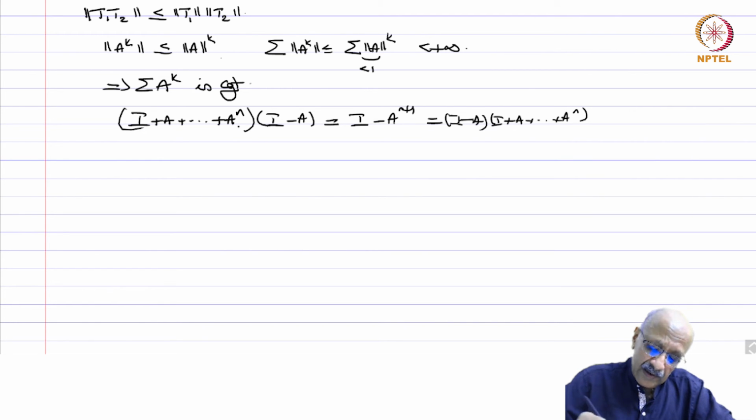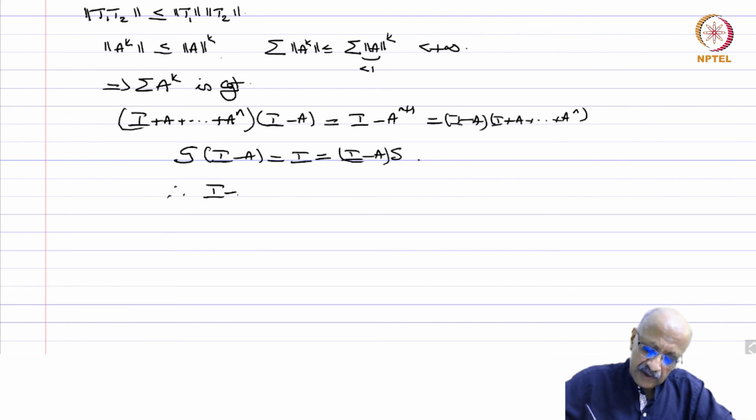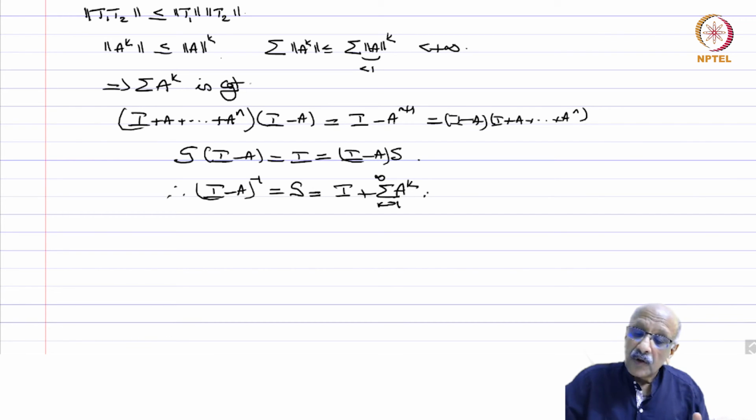If you take n tending to infinity, you get S times (I minus A) equal to the identity, equal to (I minus A) times S. So therefore I minus A is invertible, and its inverse is given by S, the limit of these partial sums, which is I plus sigma k equals 1 to infinity of A to the power k.